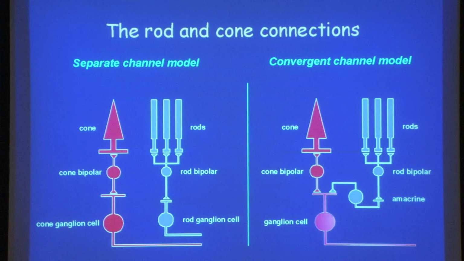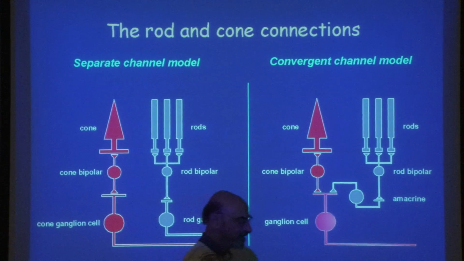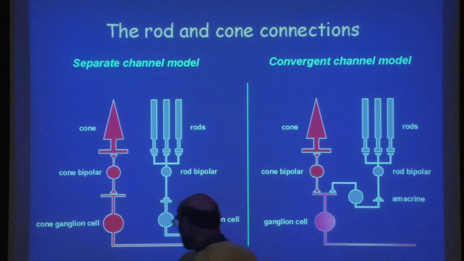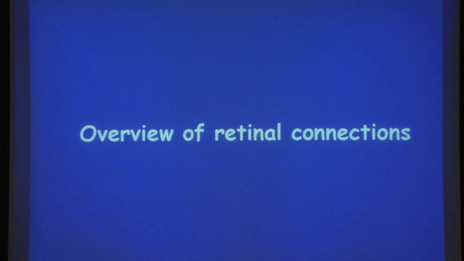And so the model that then subsequently emerged was that ganglion cells in most of the retina actually receive a convergent input, except in the fovea because you don't have rods there, so that you don't have a doubling of ganglion cells, some for rods and some for cones, but both the rods and the cones, through separate pathways, feed into the ganglion cell.